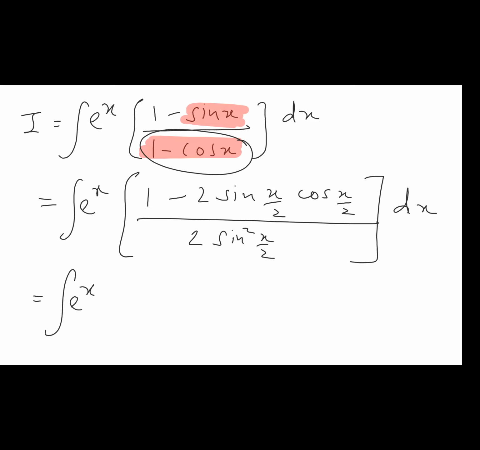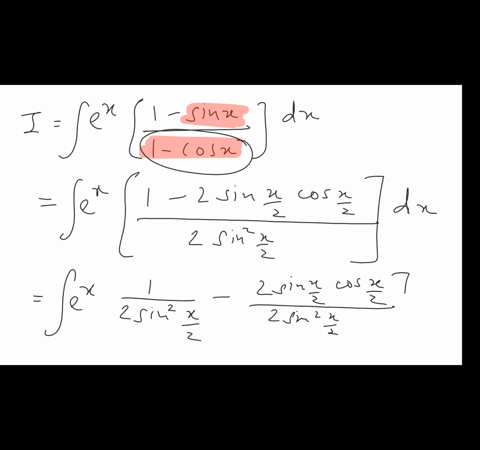So e raised to x, 1 upon 2 sin square x by 2 minus 2 sin x by 2 cos x by 2 upon 2 sin square x by 2. After taking the half angle formula, what I've done is split. So here 2 and 2 will get cancelled. Sin x by 2 and one sin will get cancelled.